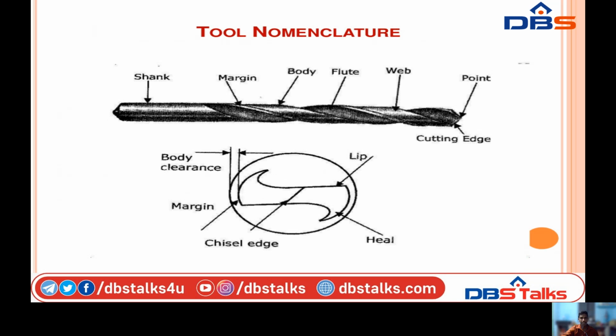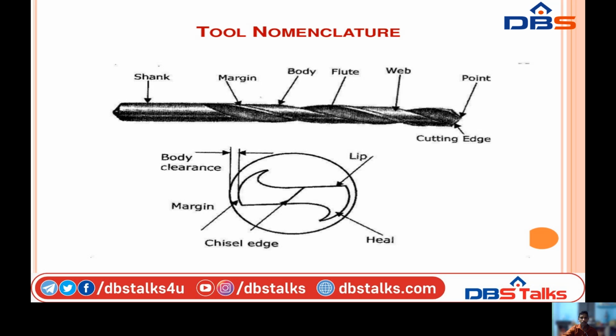Next, tool nomenclature. The parts are shank, margin, body, flute, web, and point. The point is the end, the cutting edge. The first part is the shank, which is fixed inside the drill chuck, that is, inside the spindle of the drilling machine.